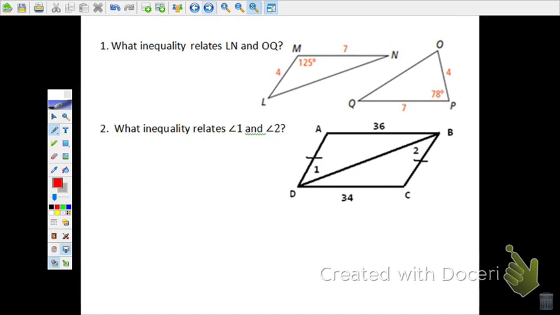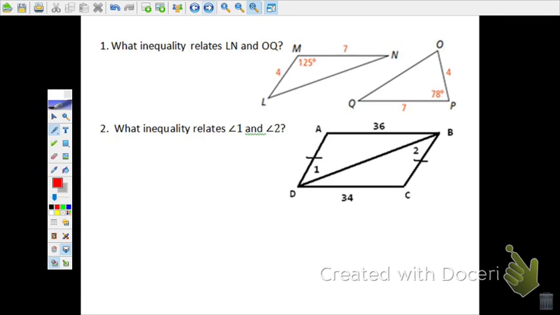So, going to use those two theorems. Number one asks what inequality relates side LN and side OQ. So again, when I look, I see those two sides that are congruent. So that's important to look at.